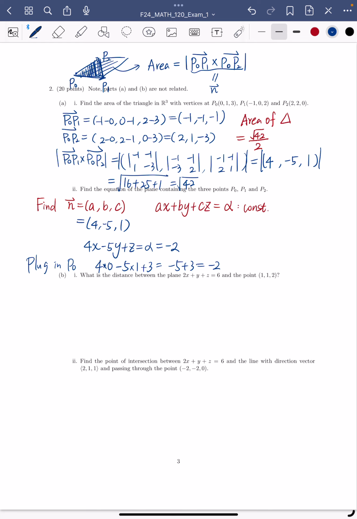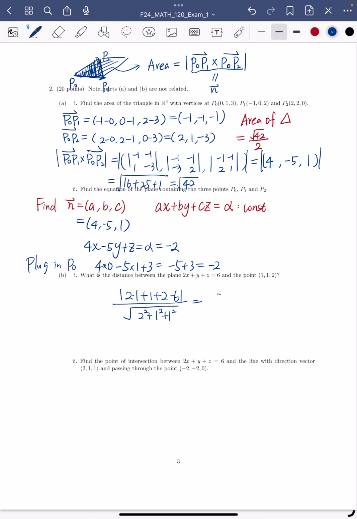Okay. What about the next question? There is a formula. So you plug in this point in this equation, plus 1 plus 2 minus 6, and divide it by the length of the normal vector.